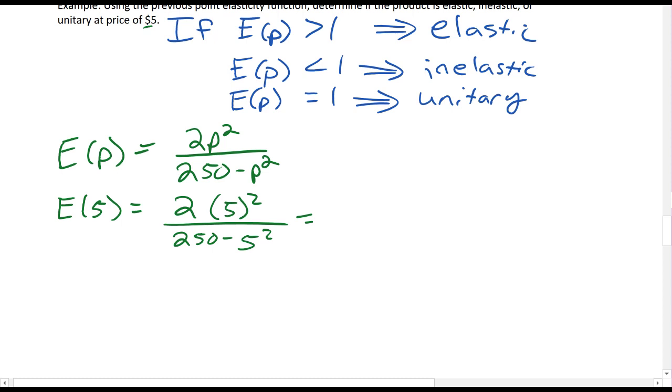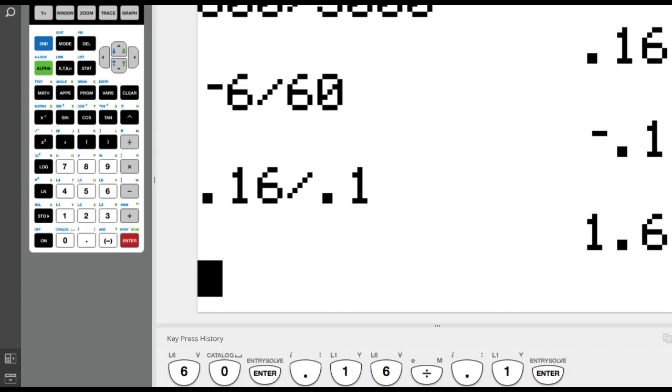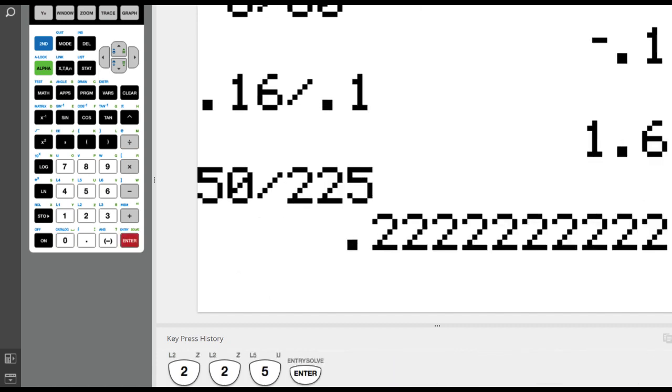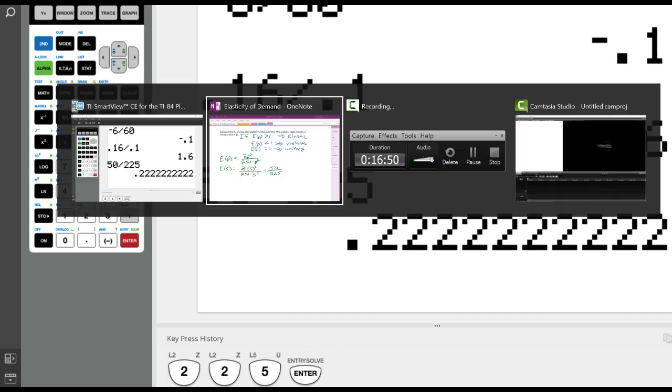5 squared is 25. 25 times 2 is 50. Over 250 minus 25 is 225. And so to get our value here, we're just going to take 50 divided by 225. And we get 0.22. It goes on forever, so let's just round it to 2 decimal places, 0.22.